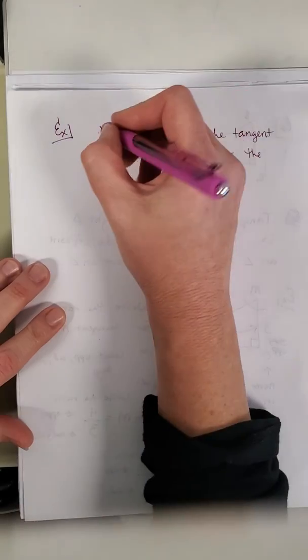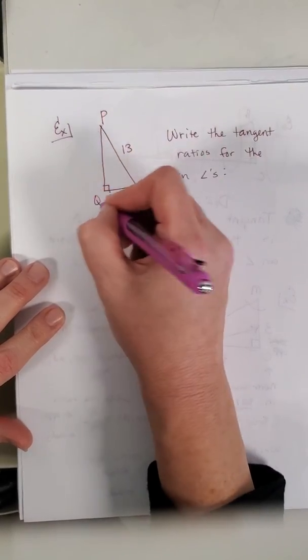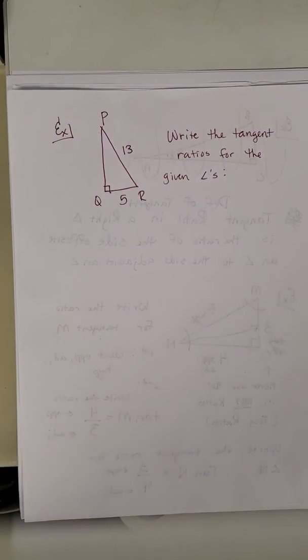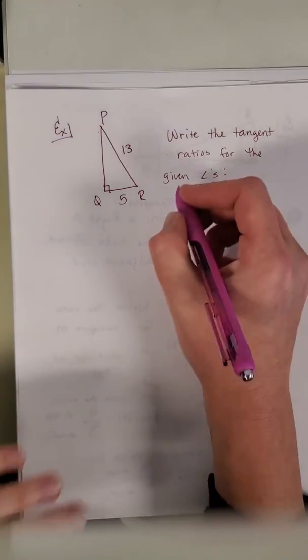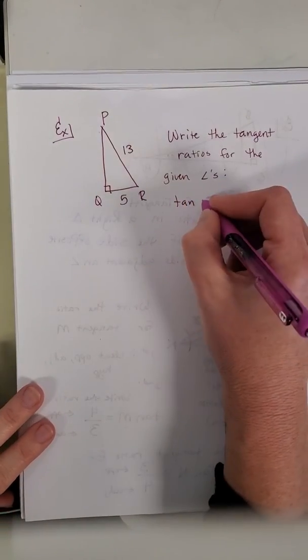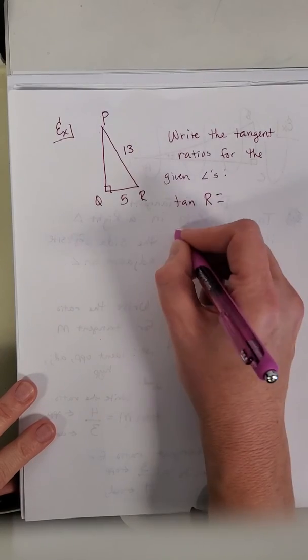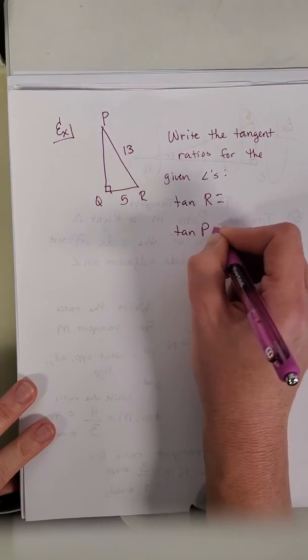All right, we're going to name this triangle PQR, and again, we'll never be using angle Q to write our tangent ratios. So tangent R equals, and tangent P equals.